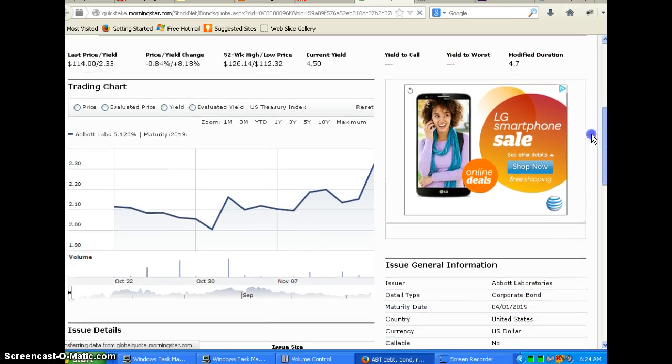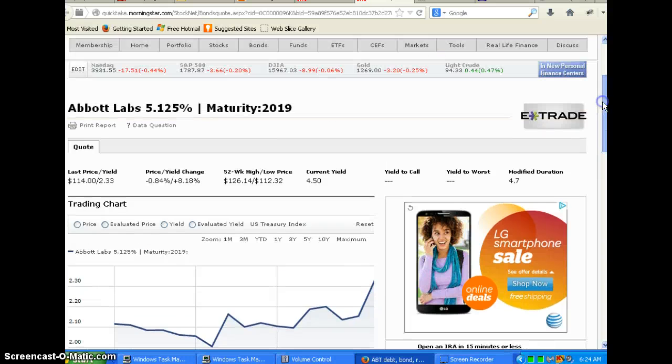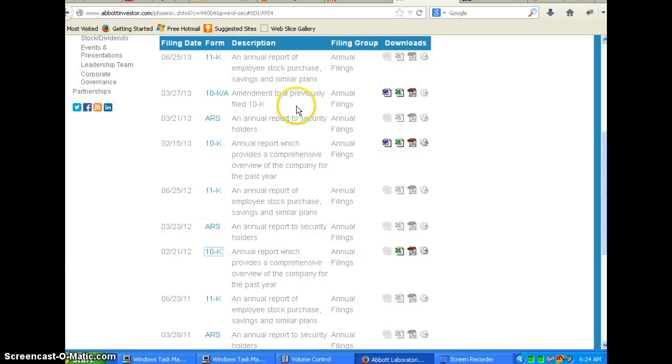As you can see, it's trending upwards, meaning people look like they're, the yield is going higher on that particular one.